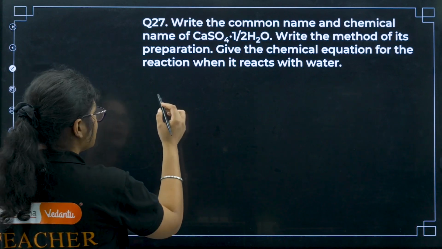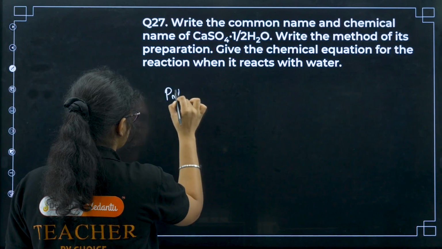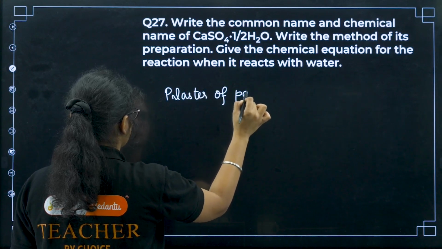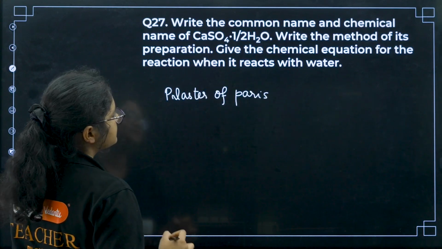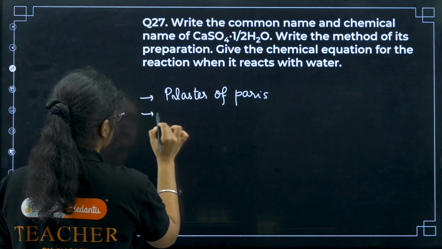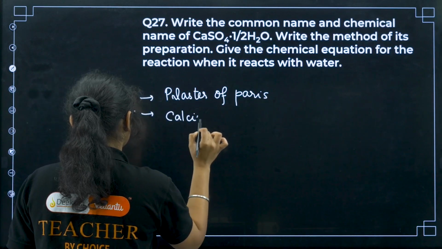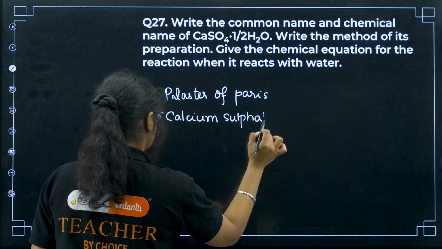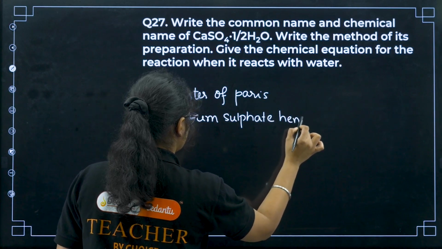So what is the common name here? Common name is plaster of Paris. And what is the chemical name? Chemical name is calcium sulfate hemihydrate.